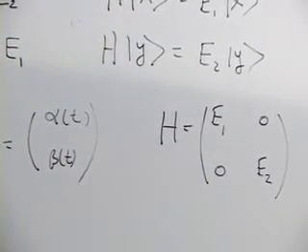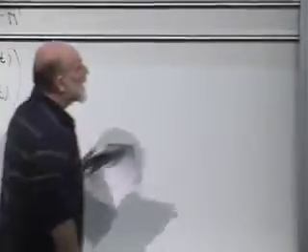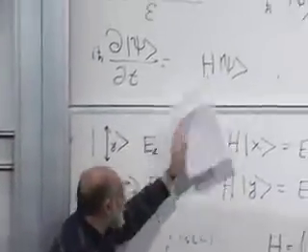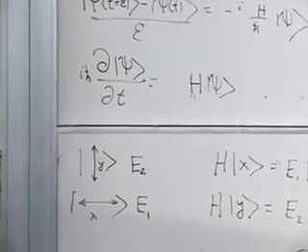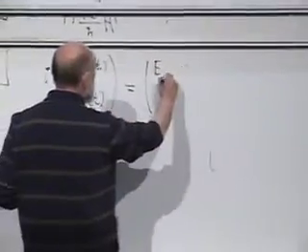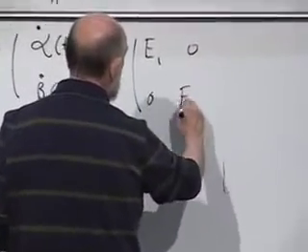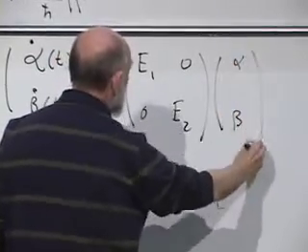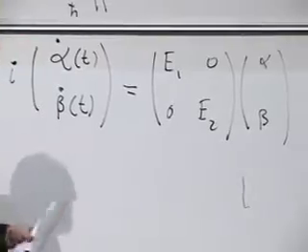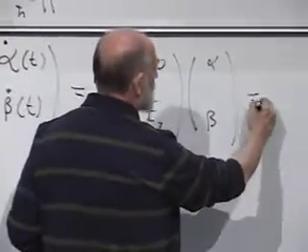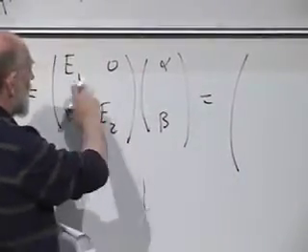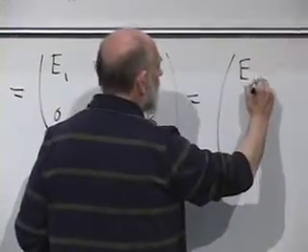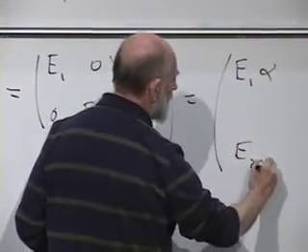Okay, so let's write down now that this is equal to H times psi. H is E1, 0, 0, E2 on psi, and psi is just alpha beta. Okay, what is this equal to? The right-hand side, we can multiply out the matrix times the column vector, and it's just E1 alpha, E2 beta.